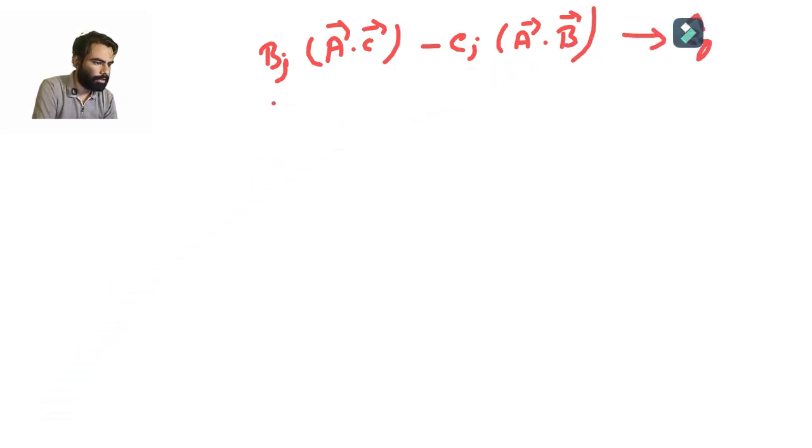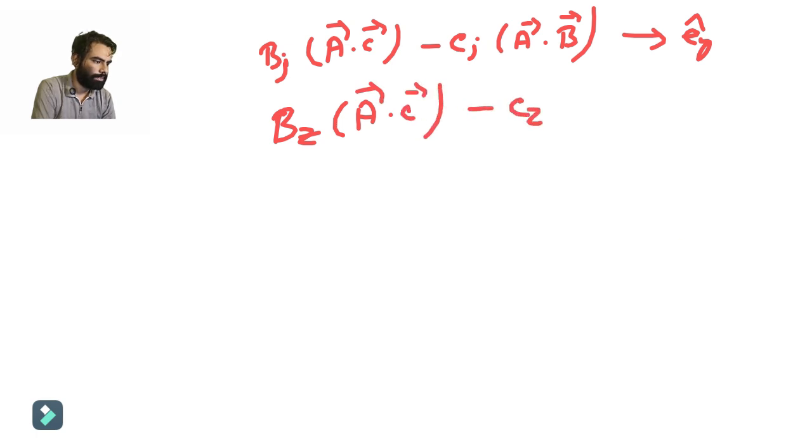And the same way you can find the ez component: bz a dot c minus cz a dot b. That is the ez component.